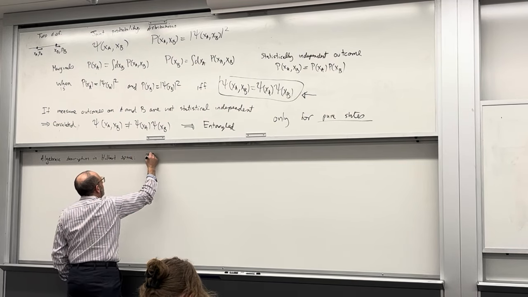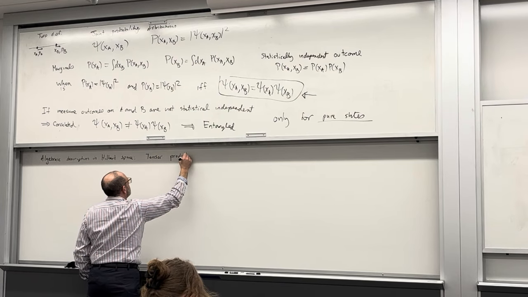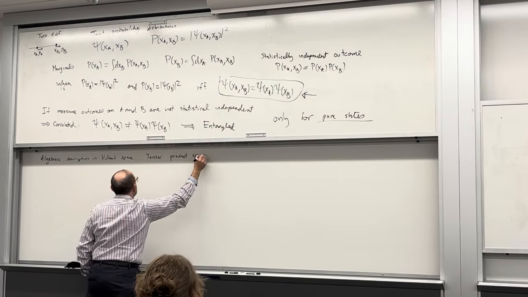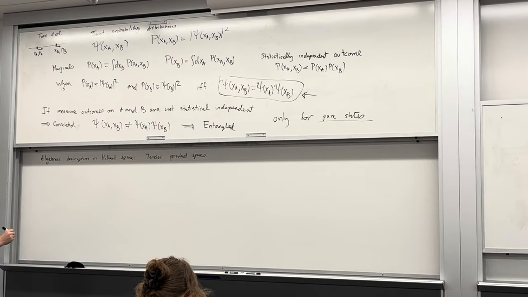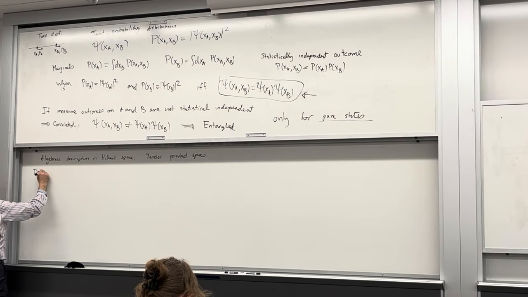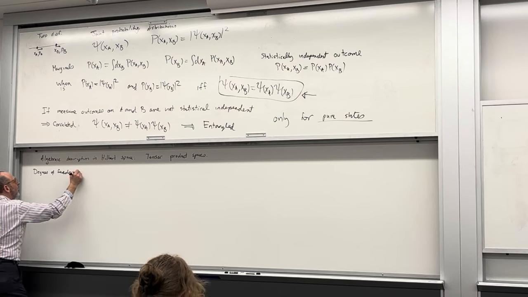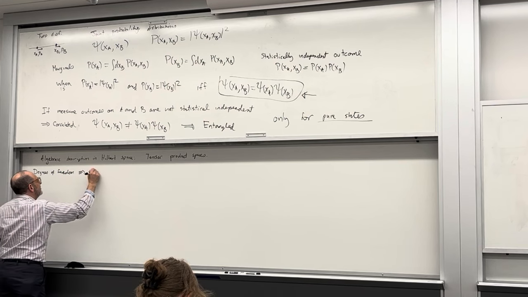And the important ingredient there is the tensor product. So in quantum mechanics, generally, instead of thinking about degrees of freedom, we often call them subsystems.